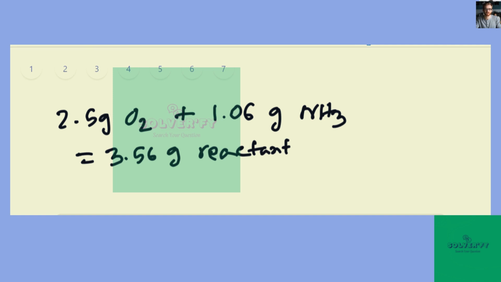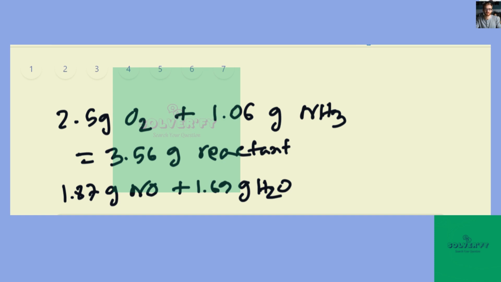And we are producing 1.87 gram NO and 1.69 gram H2O, and the sum is again 3.56 gram product.